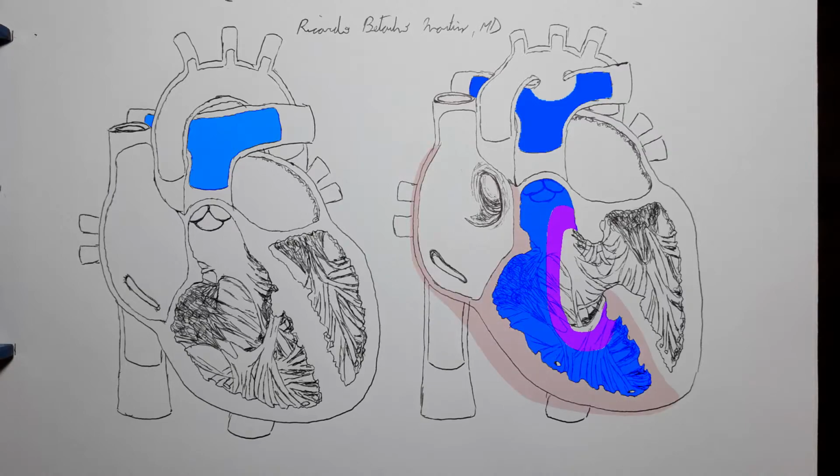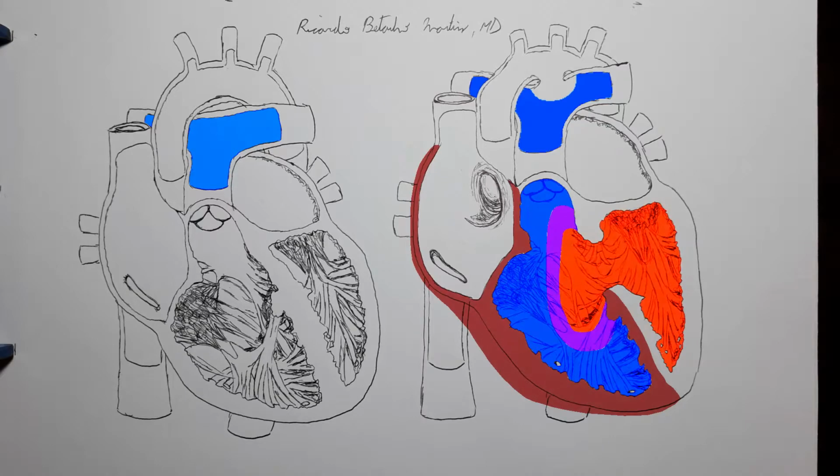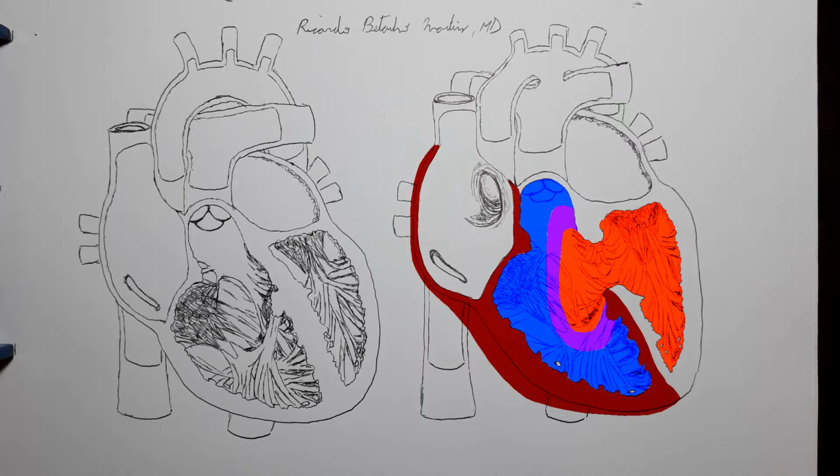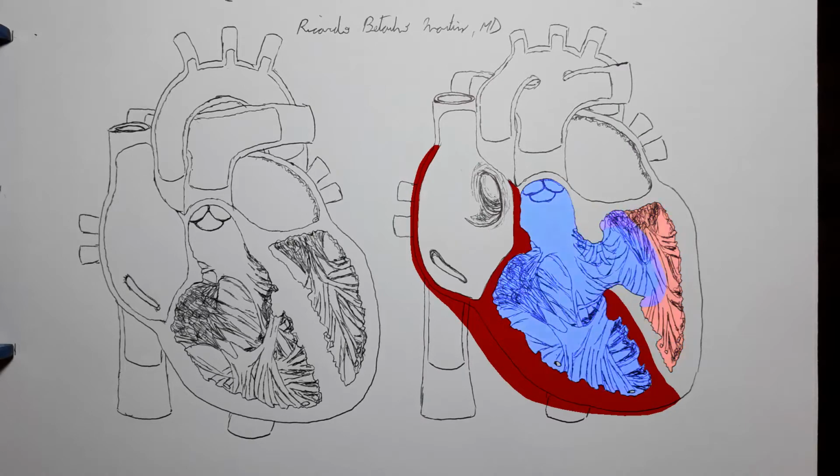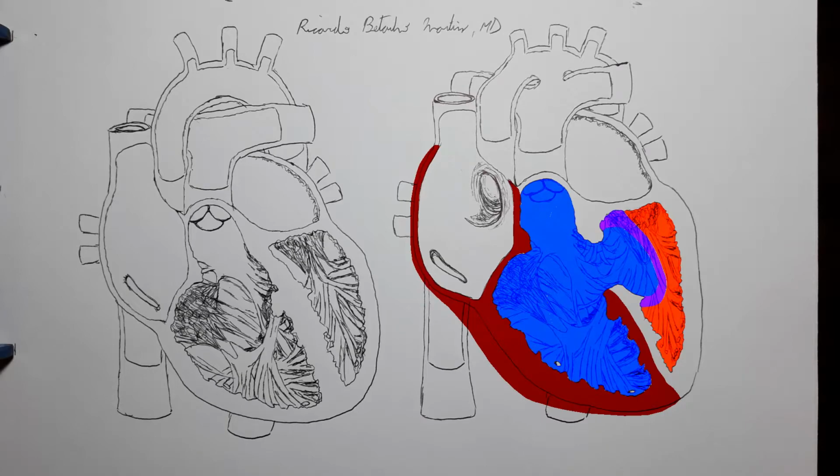Eventually, after many years of working with a heavy load, the right ventricle, much like someone that goes to the gym, will become stronger and may surpass the left ventricle pressure. Since the pressure is now higher on the right side of the heart, blood flow will reverse and it will start flowing from the right to the left.